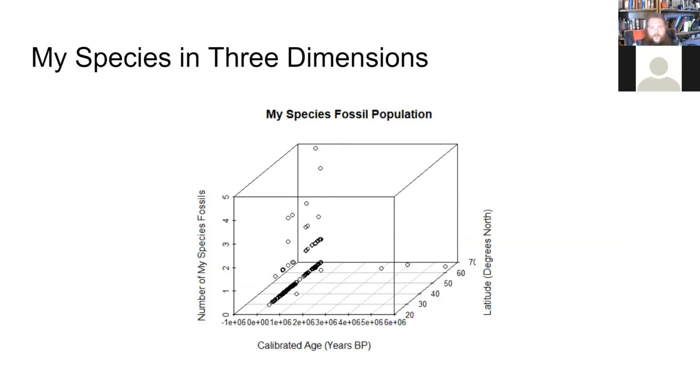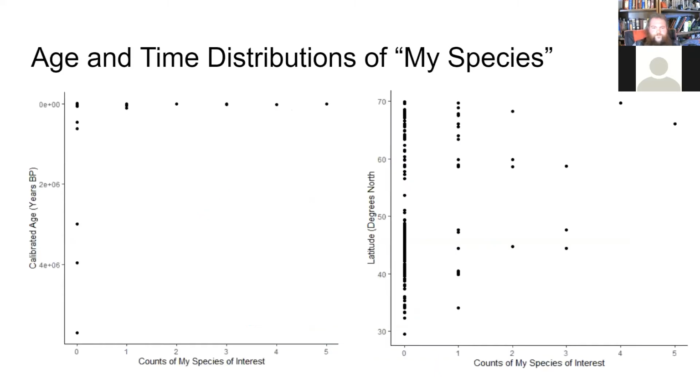Zhihong, do you have any comments about these last couple of slides? Yes. So the previous slide really shows that most of the counts of my species of interest are concentrated in the recent years, really at the top of the graph.